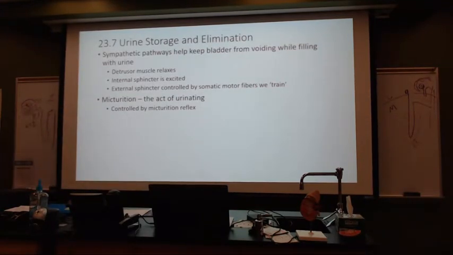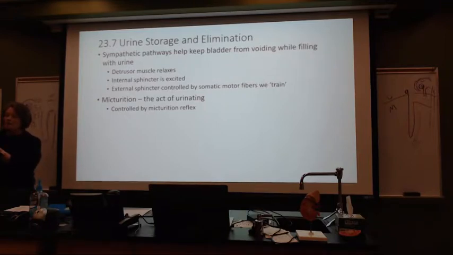With the sympathetic innervation to the bladder, what we're going to find is it allows for filling of this sac without the constant need to eliminate. So once you eliminate, the sac actually goes flat.